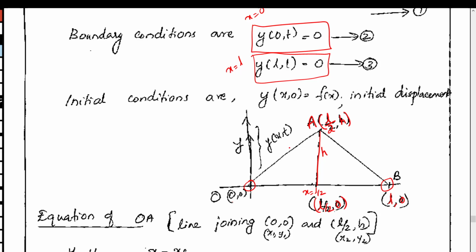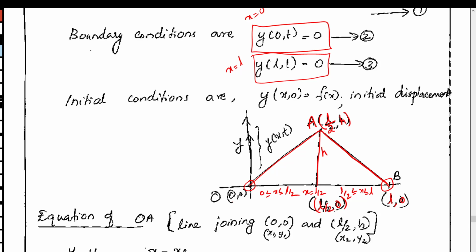Now the string is at the position of the line OA when x lies between 0 and L/2, and when x lies between L/2 and L, the string lies on the line AB.